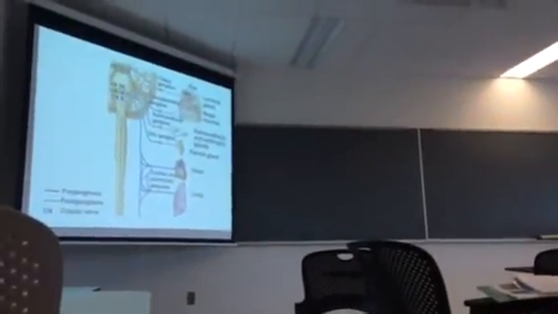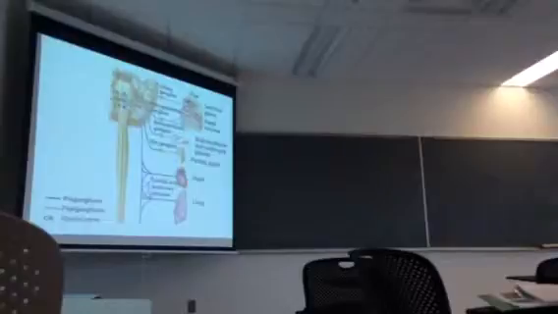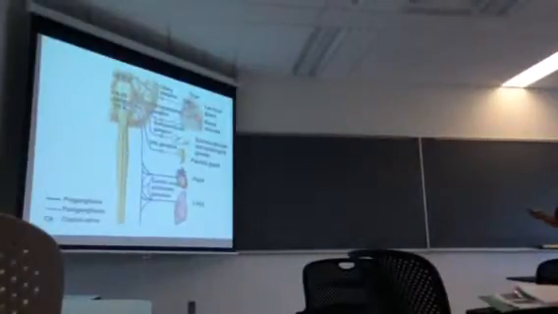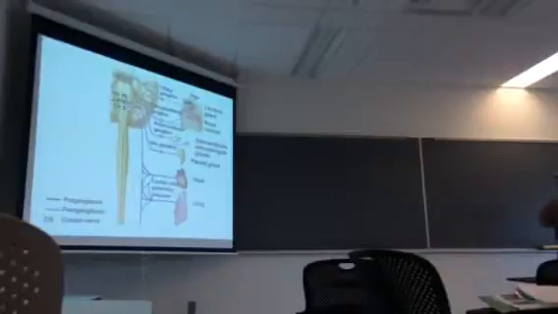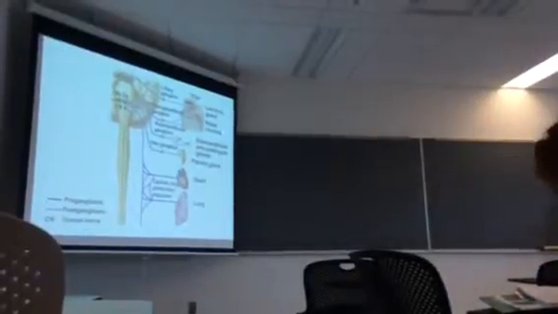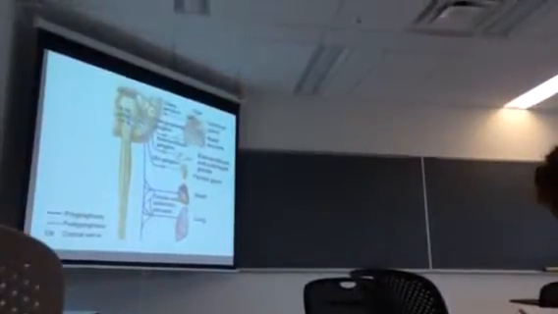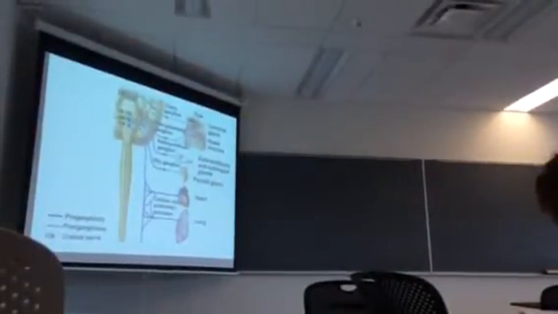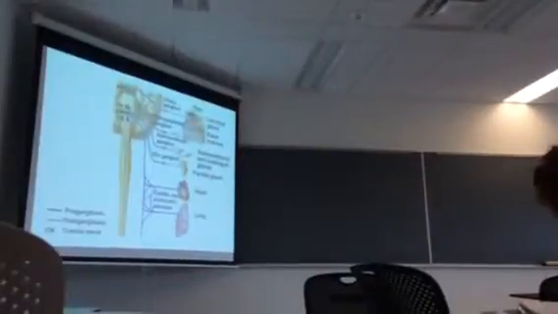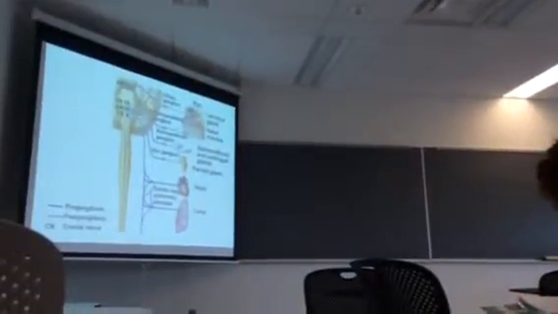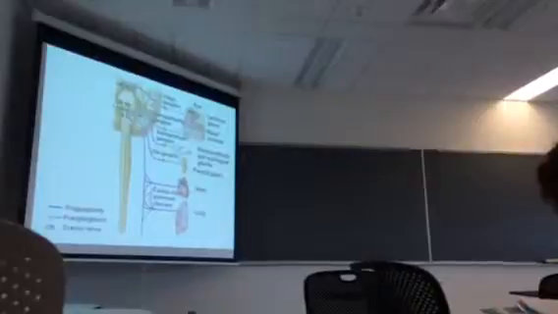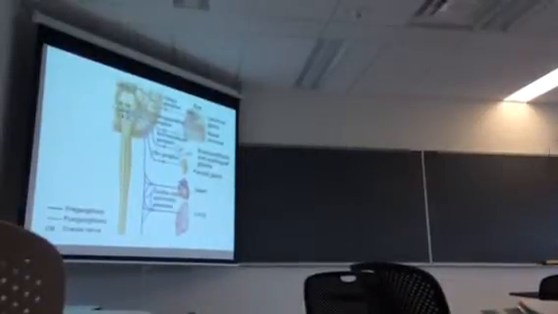I want you to notice though, this is all pretty straightforward, okay? Preganglionic, postganglionic, pre-post, pre-post, pre-post. But down here we come down and have a plexus. Plexes are always really hard to really explain. They're hard to understand. These autonomic plexes are completely different from the nerve plexes we're going to talk about next week.